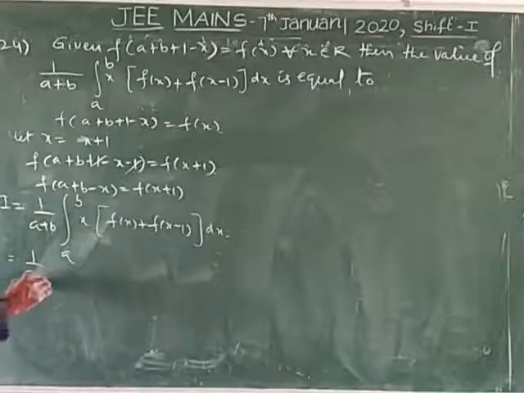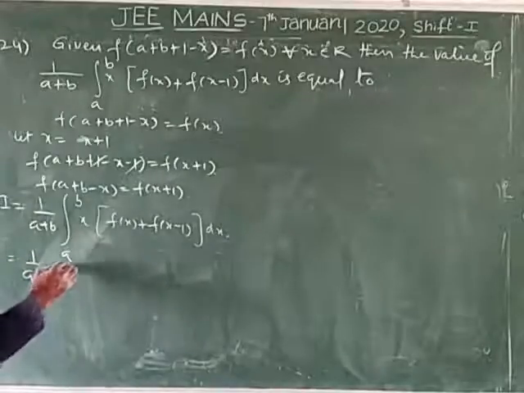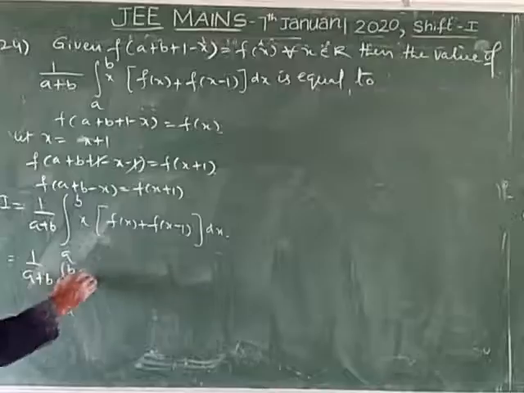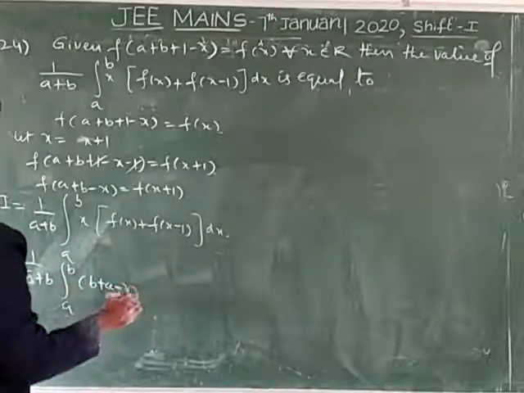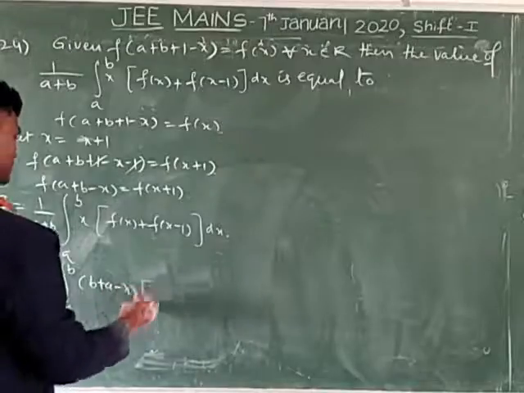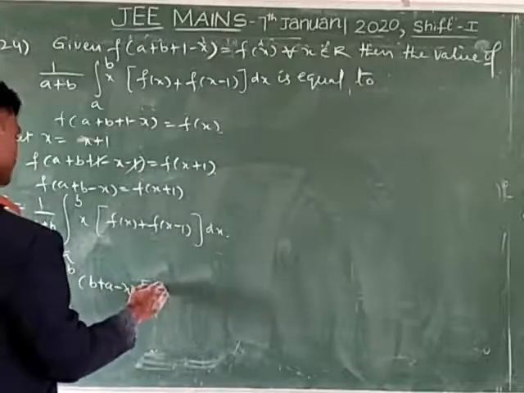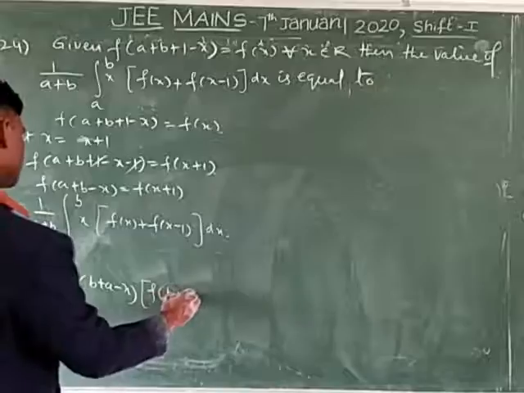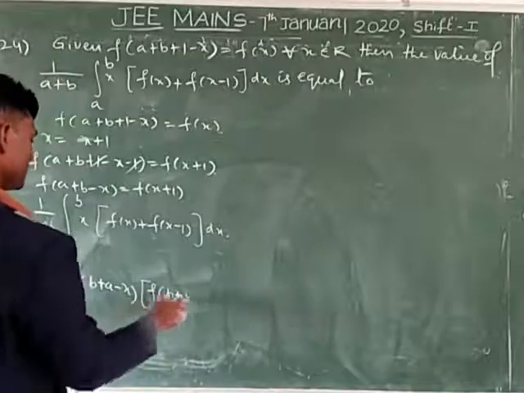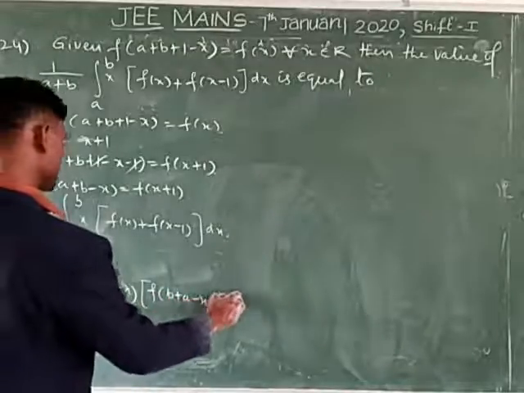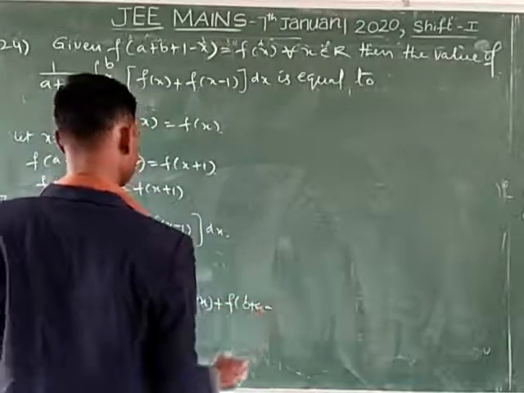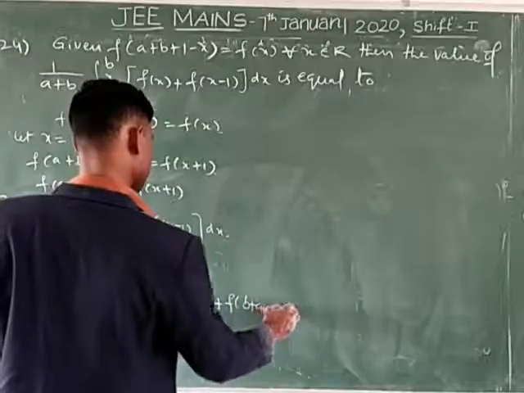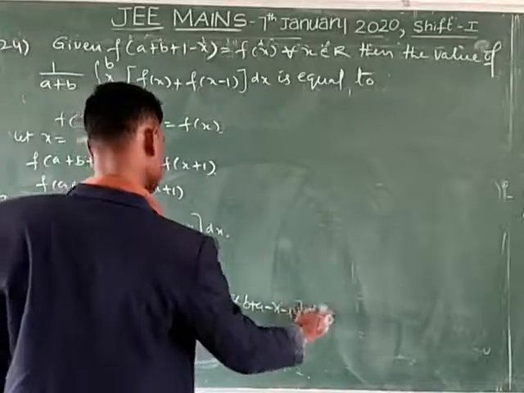Here 1 by a plus b into the integral of a to b, b plus a minus x, into f of b plus a minus x plus f of b plus a minus x minus 1, into dx.